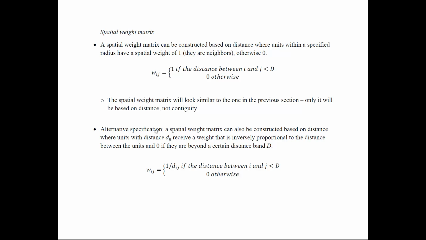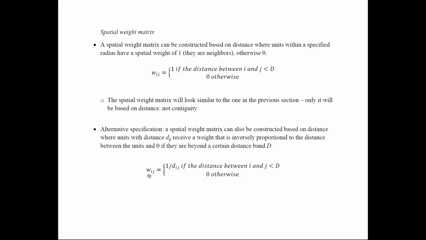Now we have an alternative specification where the spatial weight matrix can be constructed based on distance, where this distance dij would receive a weight that's inversely proportional to the distance between the units, and 0 if they're beyond a certain distance span.